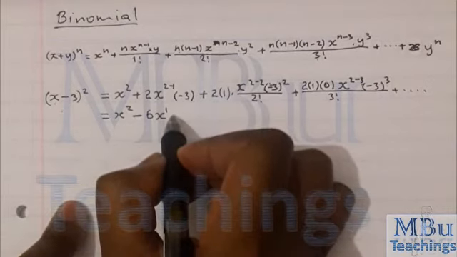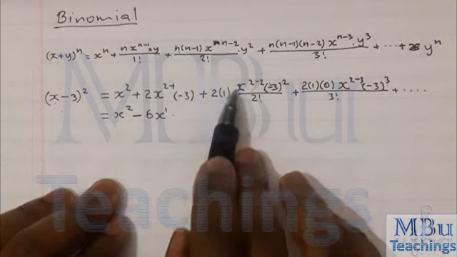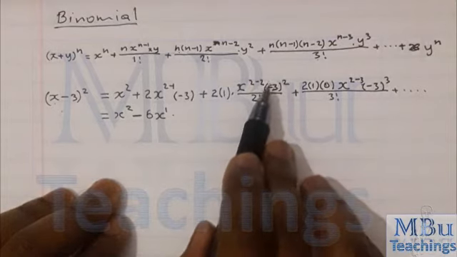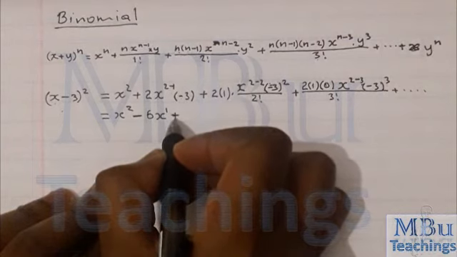Then move to the next one. Let's start with the signs. Negative 3 squared. Okay, negative squared is a positive. So that means positive and positive will give us a positive.